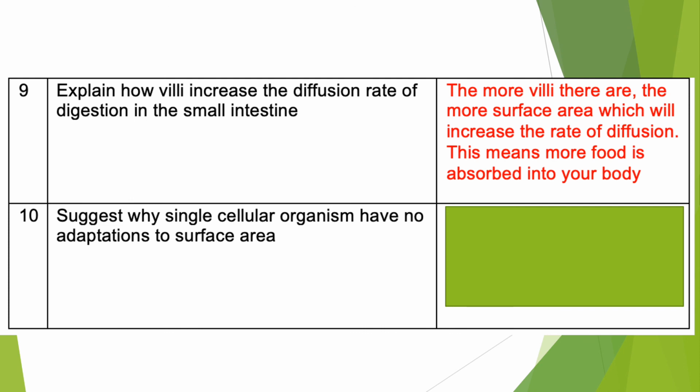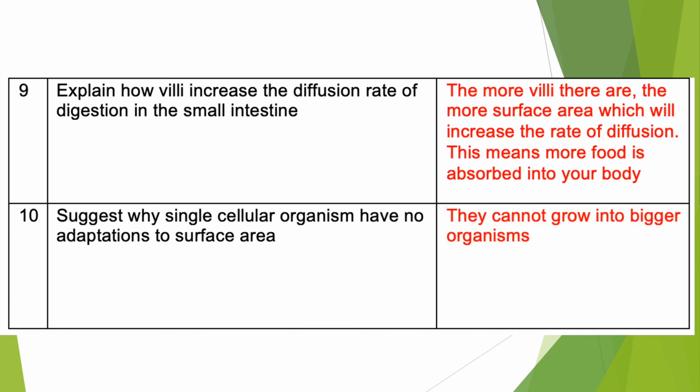Number 10, suggest why single cellular organisms, so bacteria, have no adaptations to surface area. When you compare yourself, a multicellular organism, to a single cell organism like bacteria, why do they not have the same adaptations we do? The reason is, well, 1, they can't grow into a bigger organism, but 2, they don't need to.